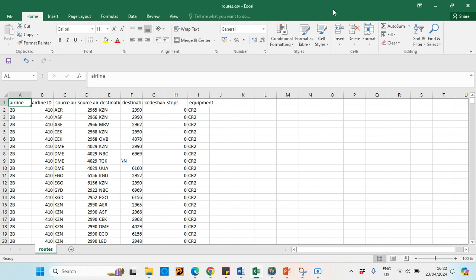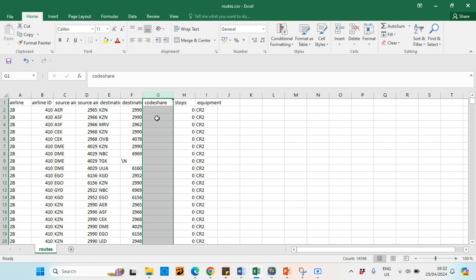Then there was code. I honestly don't know what these other fields are, but they're not even going to be useful. The code share, number of stops is how many times the airplane stops, and we had zeros throughout. Then we have the equipment. I also don't know what that is, so I really didn't put it in my fields.